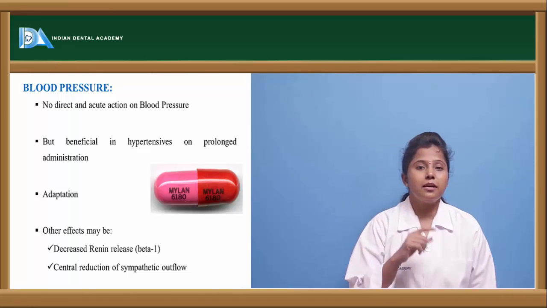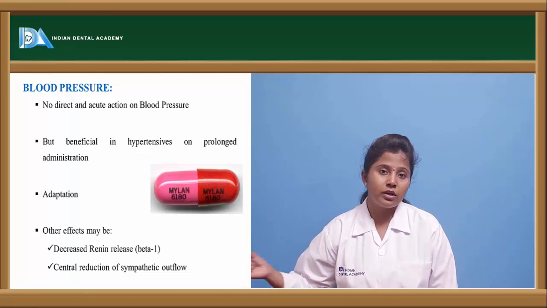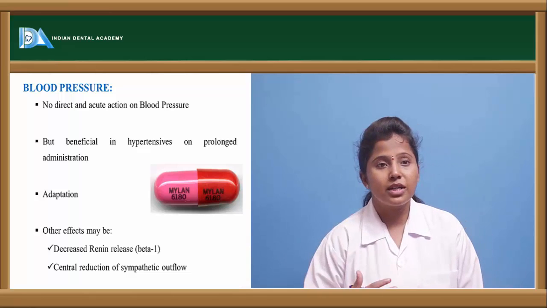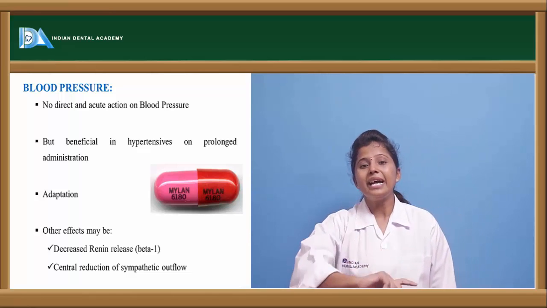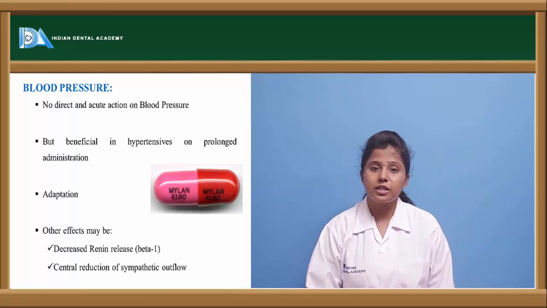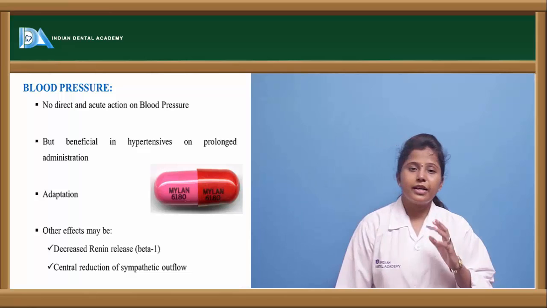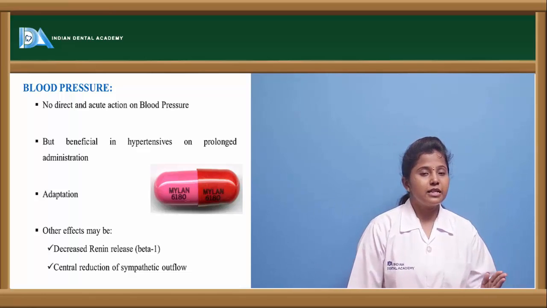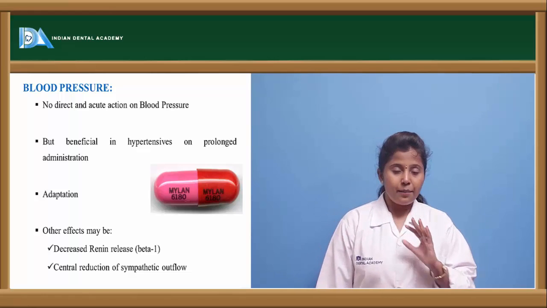Here we saw the systolic phase is prolonged, and because of that there will be a decrease in the blood pressure. So the mechanism by which the blood pressure is decreased is not direct, it is an indirect effect, but it is very useful in hypertensive conditions as it causes a decrease in the blood pressure, whether direct or indirect. The ultimate result is a decrease in the blood pressure.